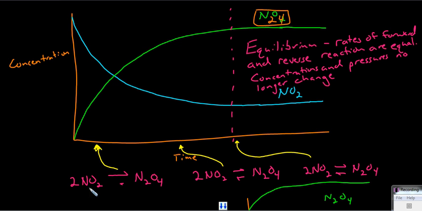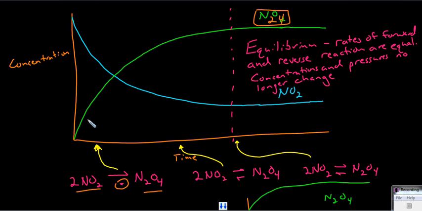At first, you have nitrogen dioxide at a high concentration, which turns into dinitrogen tetroxide greatly, and having a fairly low concentration of dinitrogen tetroxide, the rate in the reverse direction is fairly insignificant.